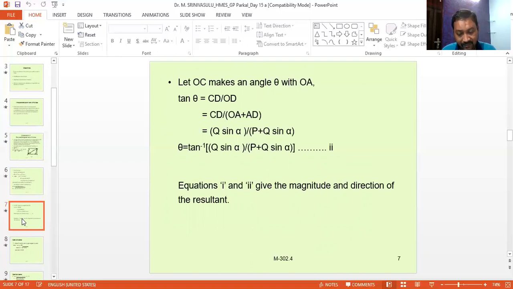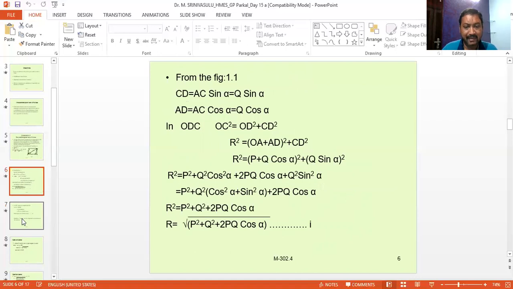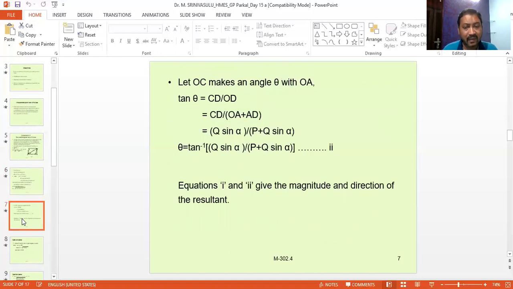This is the second equation. Previously we got equation 1 for the resultant force. Now we got equation 2 for the direction of the resultant force. Equations 1 and 2 will give the magnitude and direction of the resultant force.